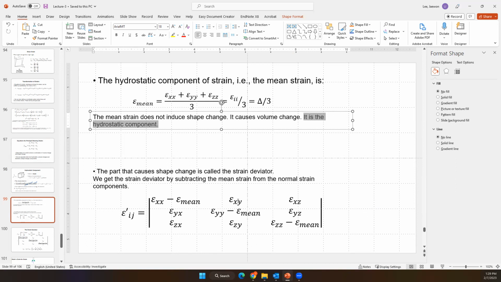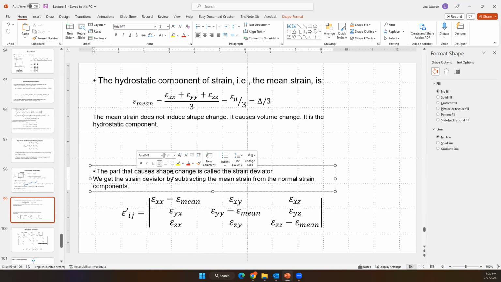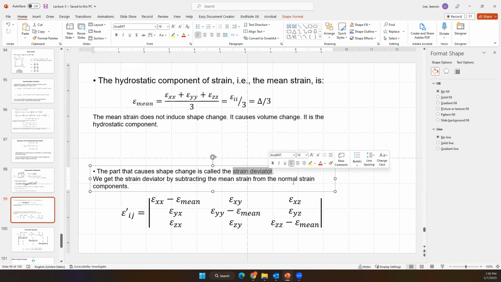So the part that can affect the shape changes is called the strain deviator. Strain deviator. So we get the strain deviator by subtracting the mean strain from the normal strain component, like that.